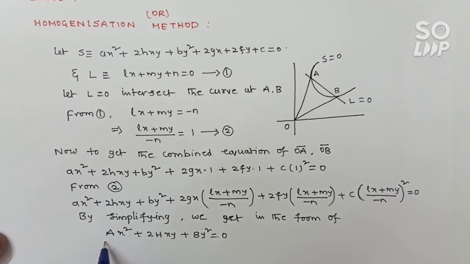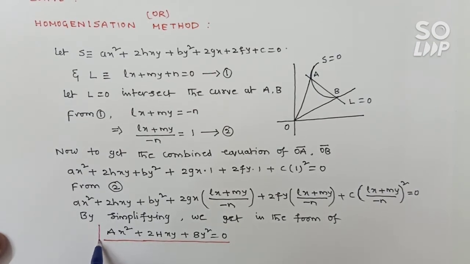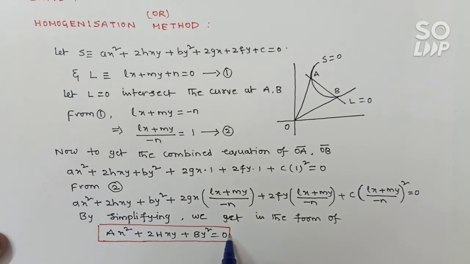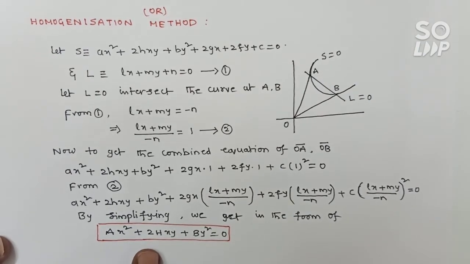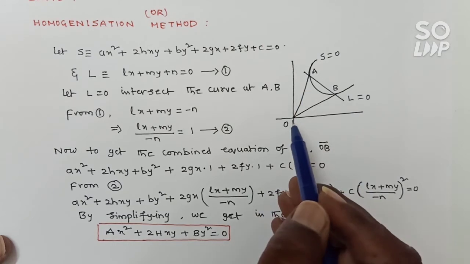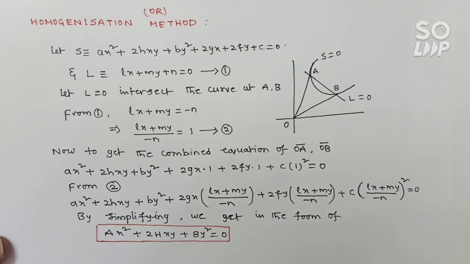It is very clearly a homogeneous equation. A homogeneous equation represents lines passing through the origin. So this final equation represents two lines, one is OA and the other is OB.